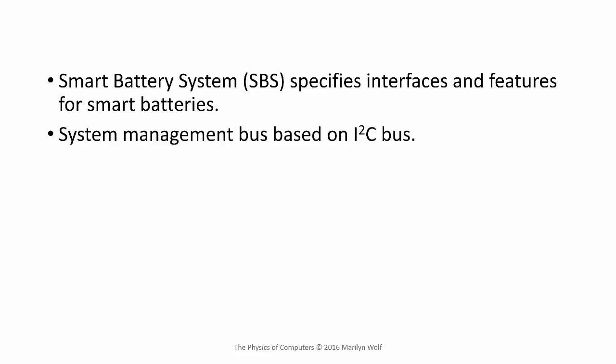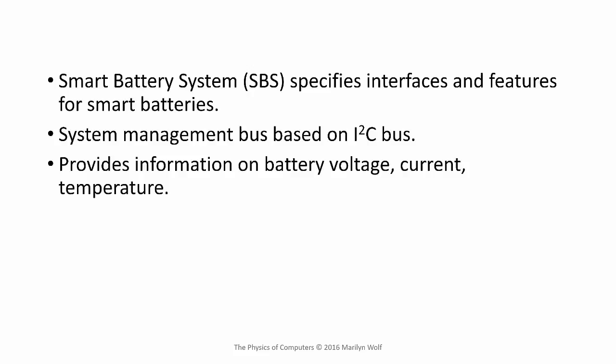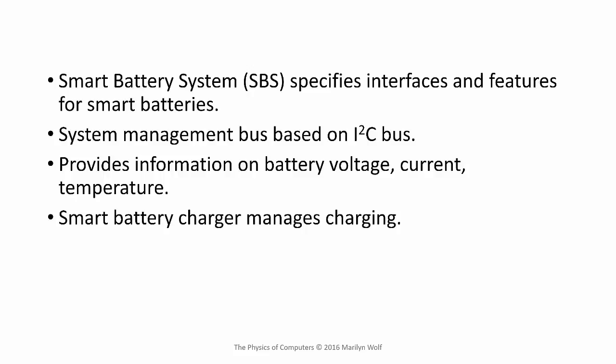The system management bus for the smart battery system is based on the I2C standard, which is a very common serial bus. The system can query the smart battery system in order to find out the current state of the battery and other characteristics. Things like battery voltage, current, and temperature. The smart battery charger manages charging.